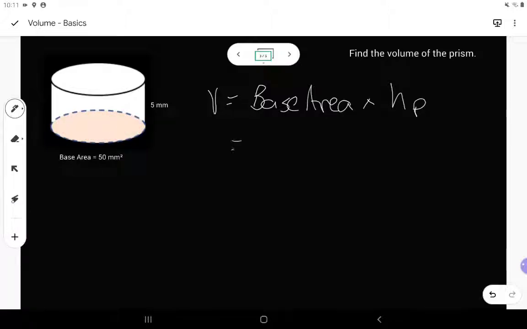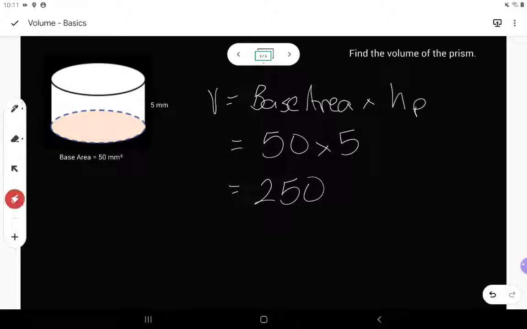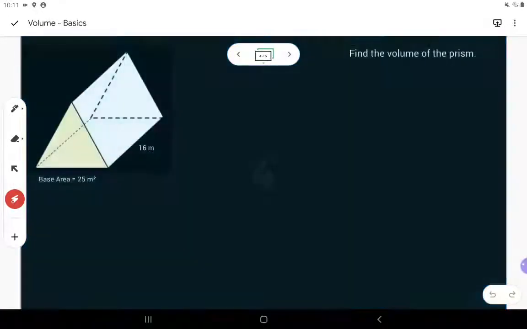The base area here is 50. The height is 5. So I go 50 times 5, and 50 times 5 is 250. And then for my units, I had millimeters and millimeters squared, so it becomes millimeters cubed because volume is a 3-dimensional measurement. What about a triangular prism?